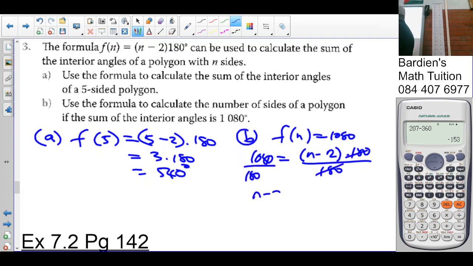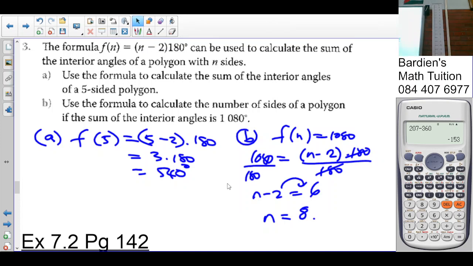So n minus 2 works out to be what? 1080 divided by 180. 6. So n is equal to 6 plus 2, which is 8.